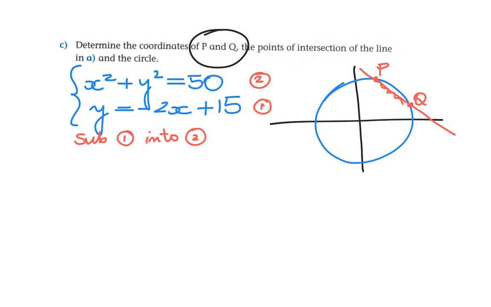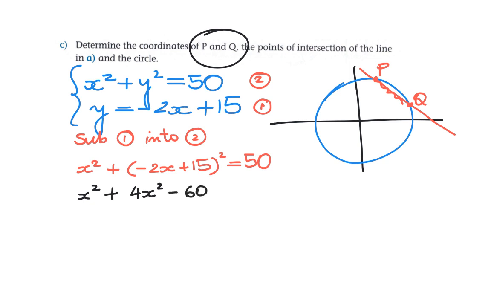So we have the following: x squared plus, now the y squared is (minus 2x plus 15) squared, is equal to 50. Which means that we have the following: x squared plus 4x squared minus 60x plus 15 squared is equal to 50.